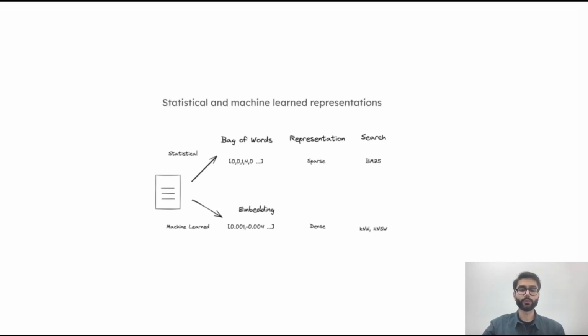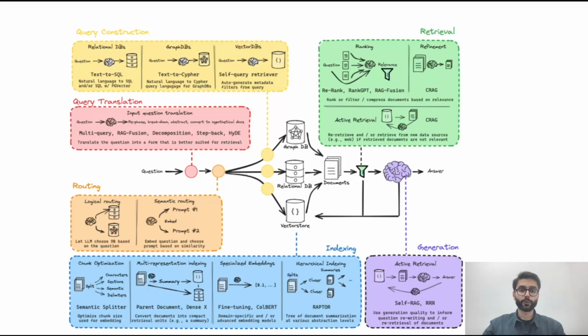You can easily find the similarity between two vectors. So the embedding will be done in such a way, and this representation is also called the dense representation. So the embedding is done and the retrieval will be taken care of. Then this is the entire flow of the RAG architecture.